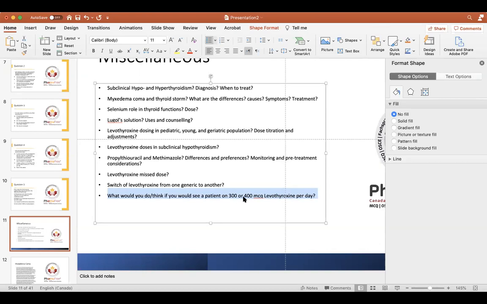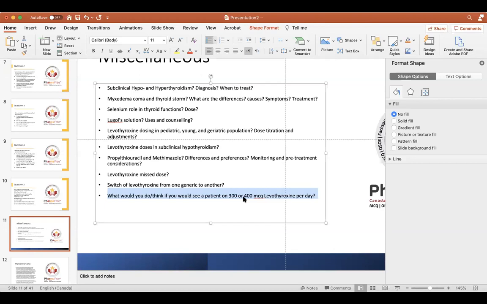It could go up. I know people take it like 200, maybe 250. Yes, it could be normal. But for 300 or 400, there's something wrong. The patient could be non-compliant, or could not take the medication every day, so the doctor decided to increase the dose to get the results.